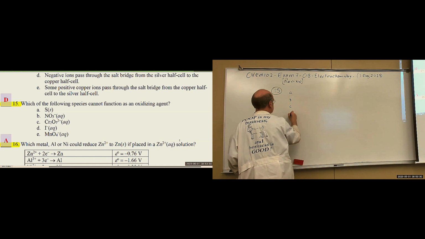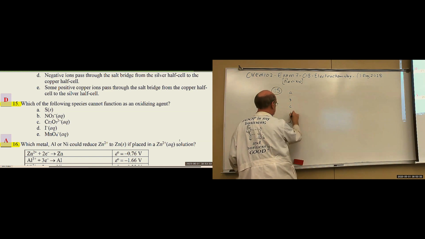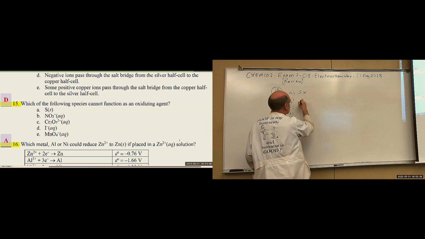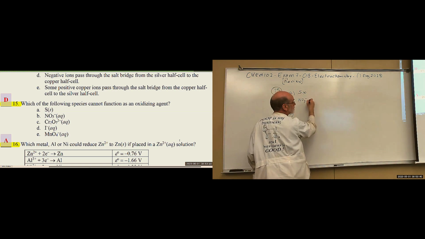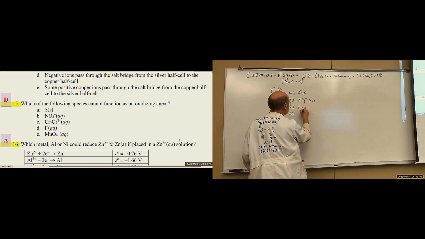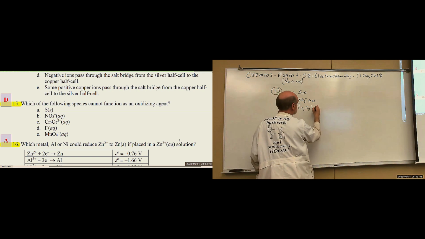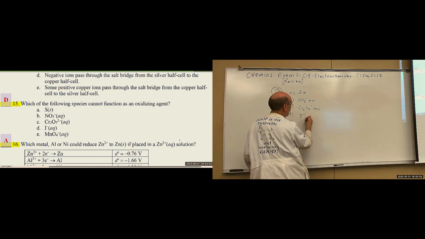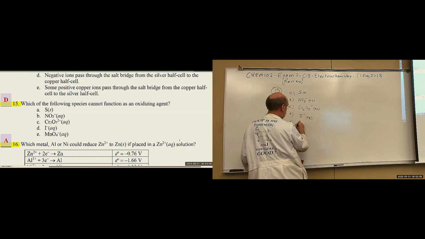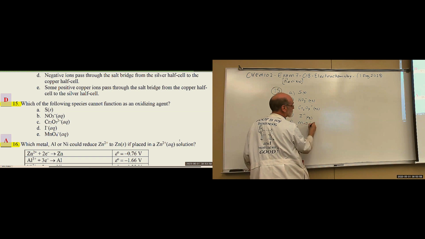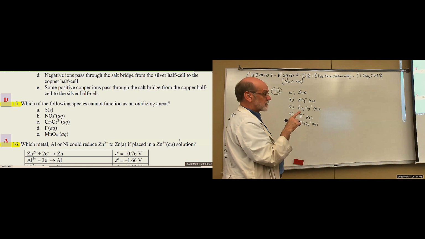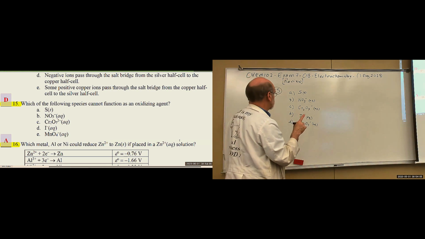A, B, C, D, and E. So we got sulfur solid, NO3 minus aqueous, Cr2O7 2- aqueous, iodine, yes, and MnO4 minus. All right, which one cannot function as an oxidizing agent?